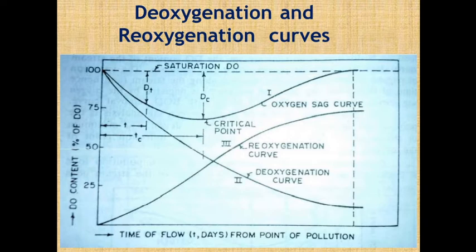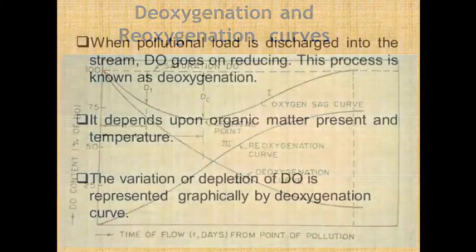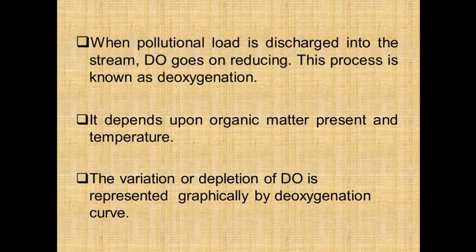Okay, so now next. Organic waste normally undergoes aerobic decomposition in a stream only when the rate of supply of oxygen can keep pace with the rate of oxygen demand. That means when the rate of supply of oxygen is more than the rate of oxygen utilized, the aerobic conditions prevail, and during the aerobic condition the stream looks clear.